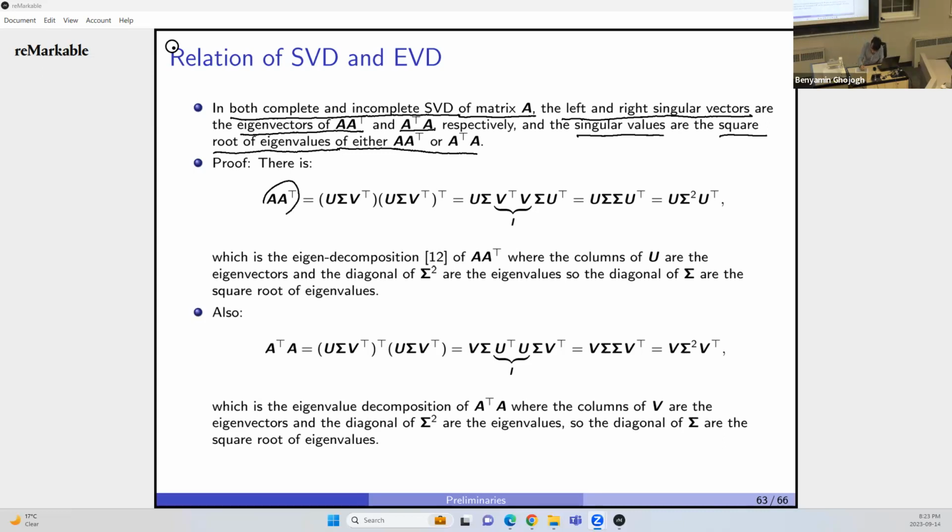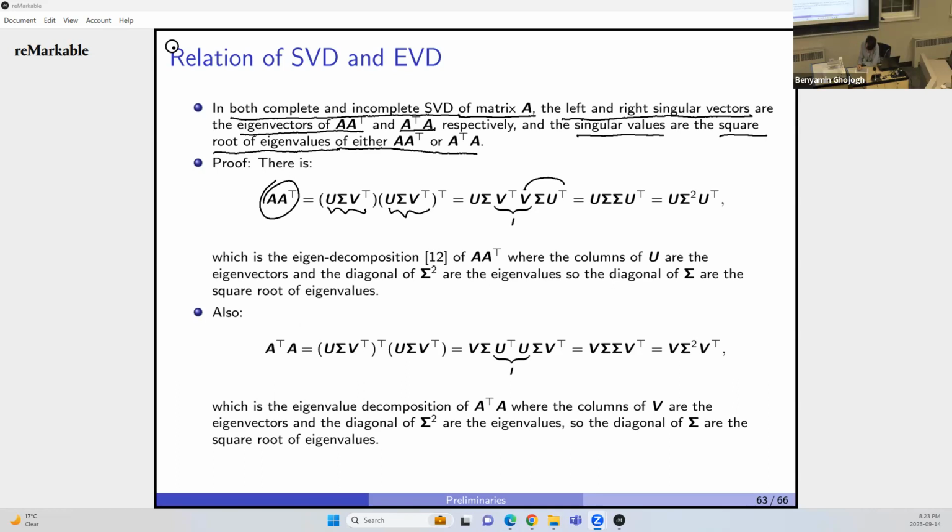Consider A A transpose. Rather than A, I replace A with its singular value decomposition, SVD. So I will have U sigma V transpose and U sigma V transpose transpose. We know that transpose in matrix multiplication reverses the order.